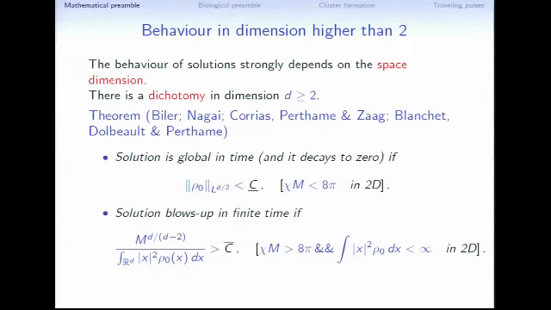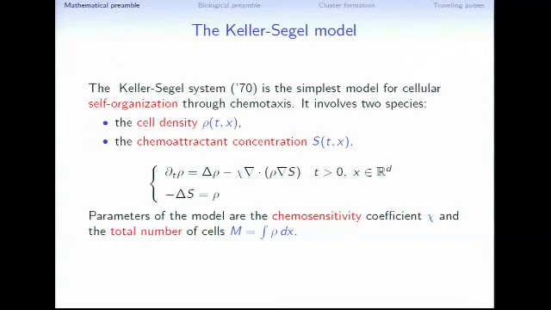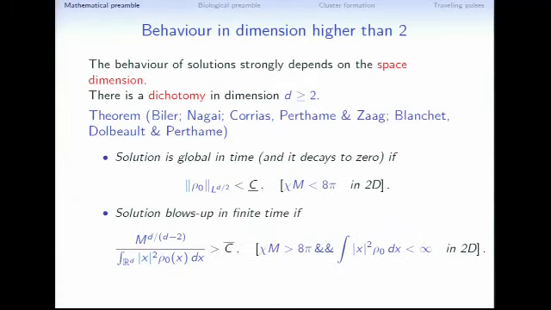You have either global in time existence, and more than that, you have decaying solutions which are decaying to zero, which are diffusing in some sense, if the initial data is small in some sense, which means that this parameter times M is small in 2D, for instance. In fact, everything happens more or less as if you could simply drop this term out. So only diffusion is acting for small data.